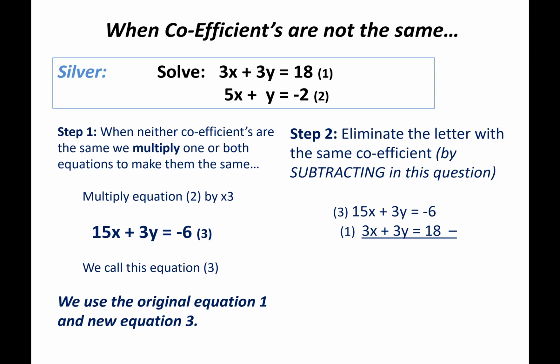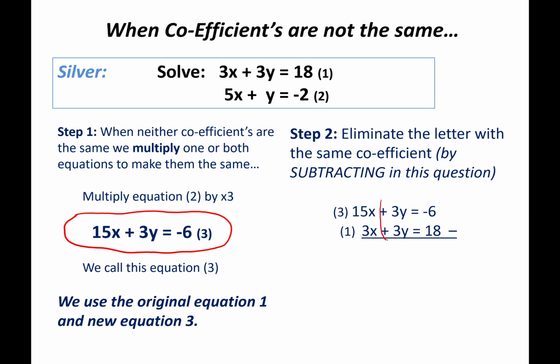All right, so we're going to write down the two equations that we have. That's 15x plus 3y equals minus 6. And our original equation 1, 3x plus 3y equals 18. We now want to eliminate the letter that has the same coefficient.